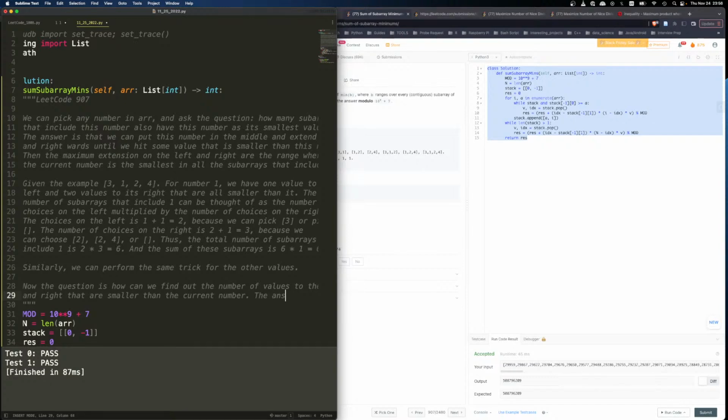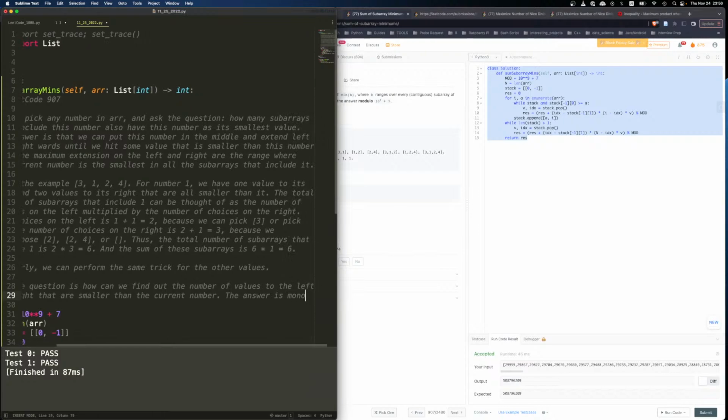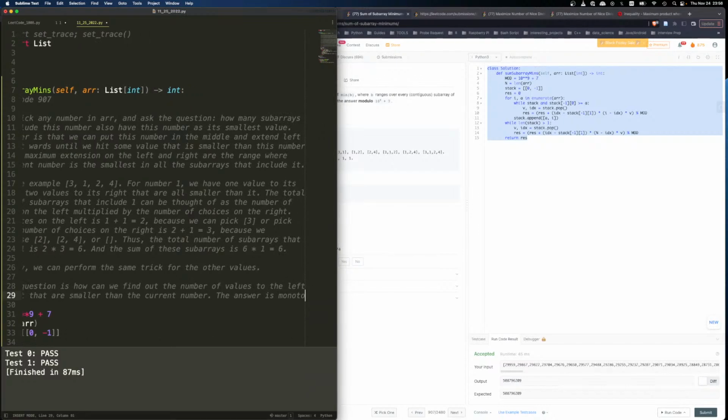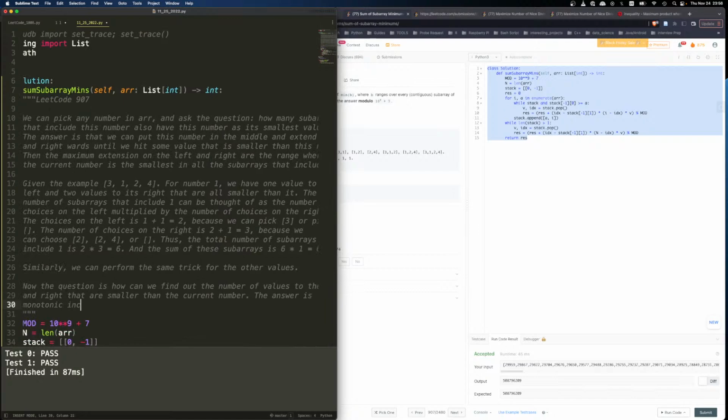And the answer is a monotonic increasing array.